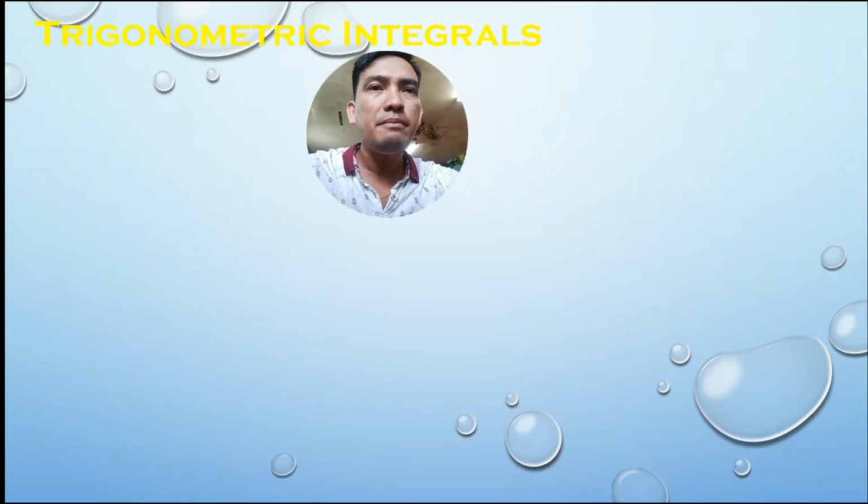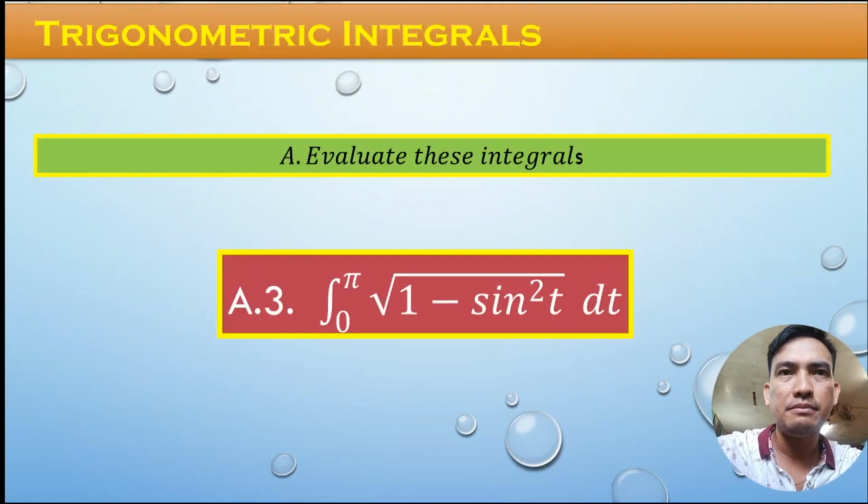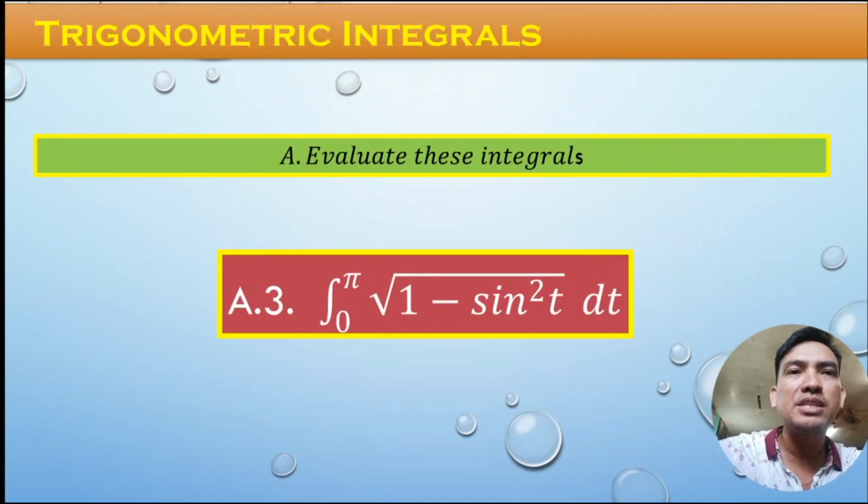Moving on, let's now proceed with the trigonometric integrals. For the trigonometric integrals, we're asked to evaluate problem number 3: the integral from 0 to pi of the square root of 1 minus sine squared t dt.